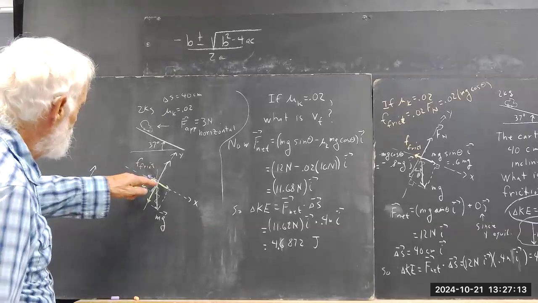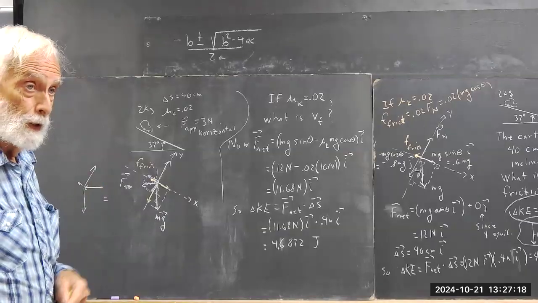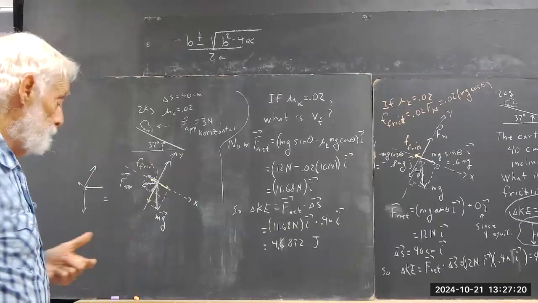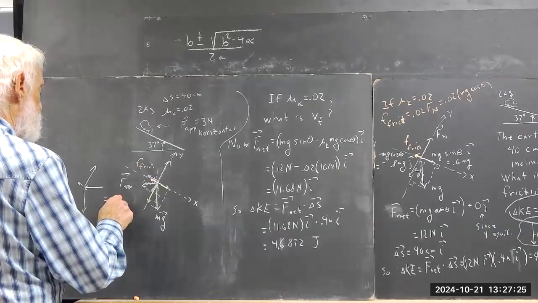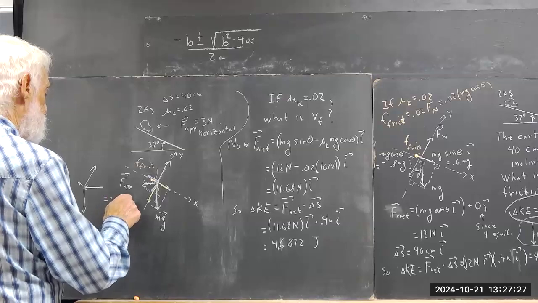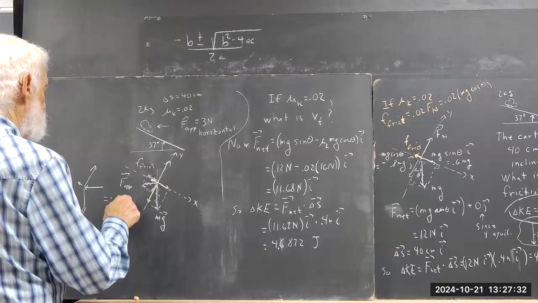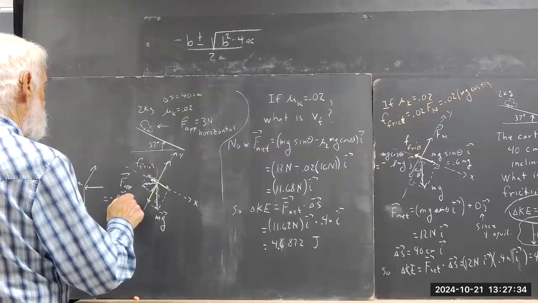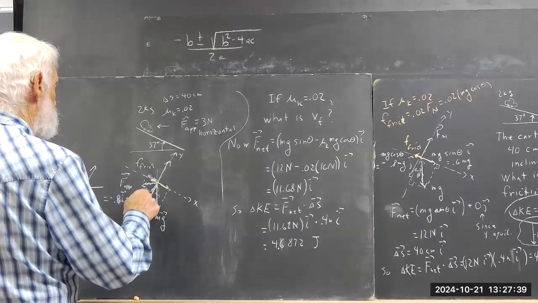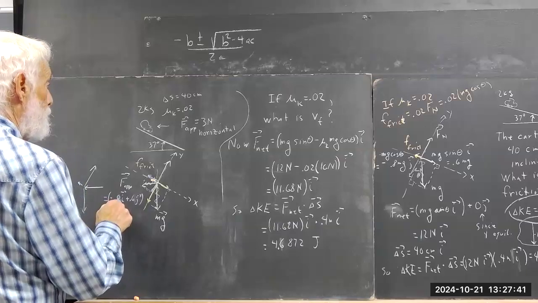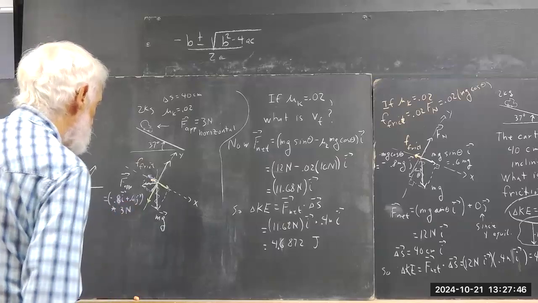So this applied force makes a 30-degree angle with the x-axis, right? Or 37-degree angle, which means that this is going to be negative 0.8 I plus 0.6 J times 3 newtons.